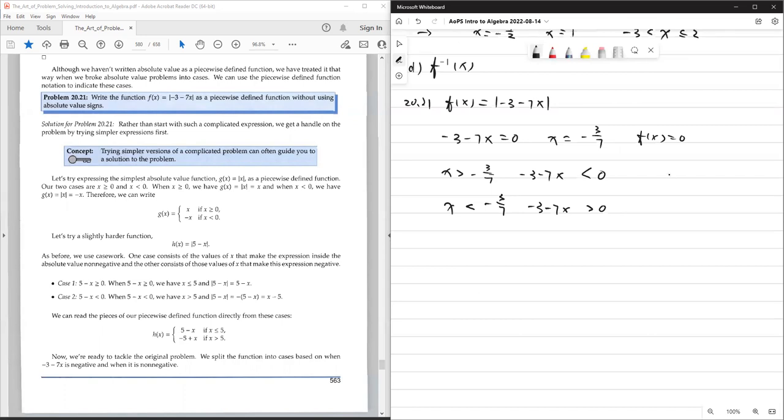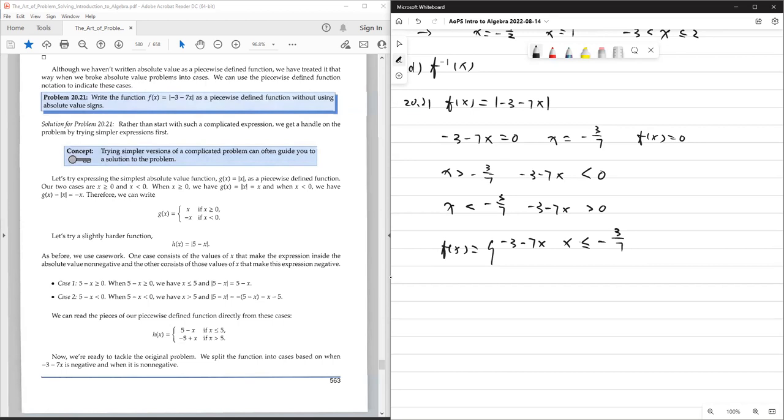we can write this f of x equals, when it's greater than 0, it's itself. When it's 0, it's also itself, so we can combine the 0 case with either one.